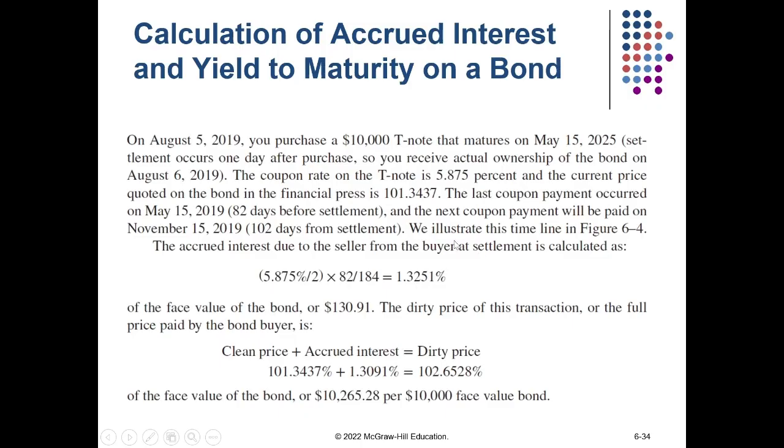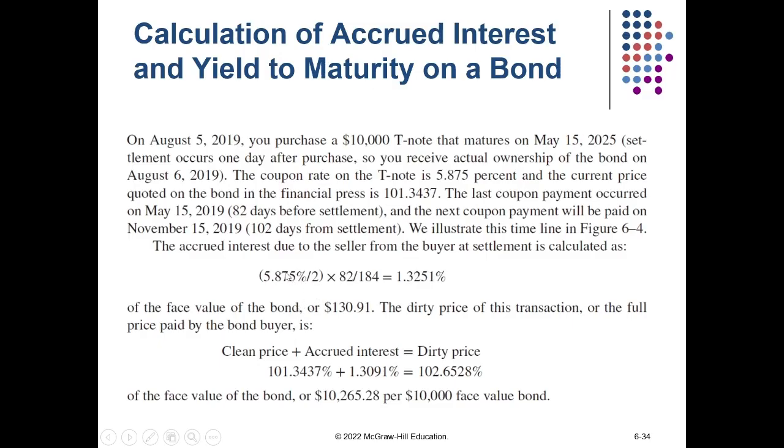We illustrate this timeline in figure 6/4. The accrued interest due to the seller from the buyer at settlement is calculated as this, right? So this is the annual coupon interest rate divided by 2.